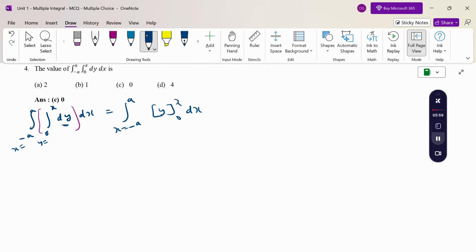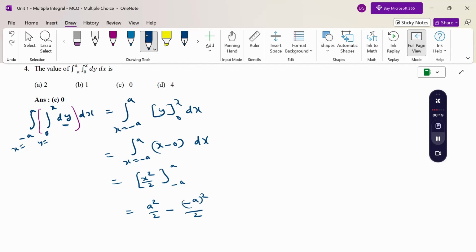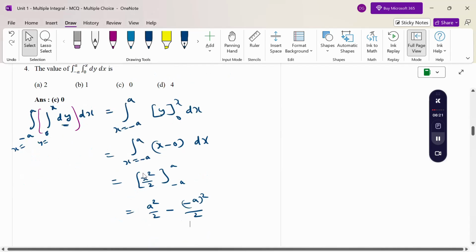Substitute upper limit minus lower limit: x minus 0, into dx. Now integration of x is x square by 2, from minus a to a. Substitute upper limit a square by 2, minus lower limit a square by 2. Therefore the value is a square by 2 minus a square by 2, which is 0. So our answer is the third option, 0.